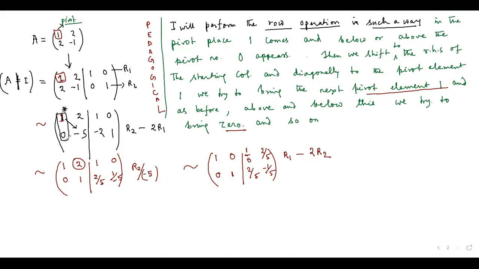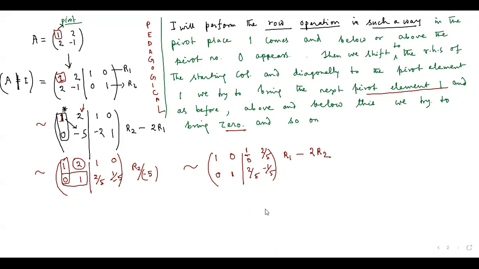Once this particular column 1, 0 is fixed, and you want to change anything in this column, you do it in a way so that this remains fixed. Once you get this particular structure 1, 0, 1, and you want to change this 2, do it in such a way that this structure is not distorted.